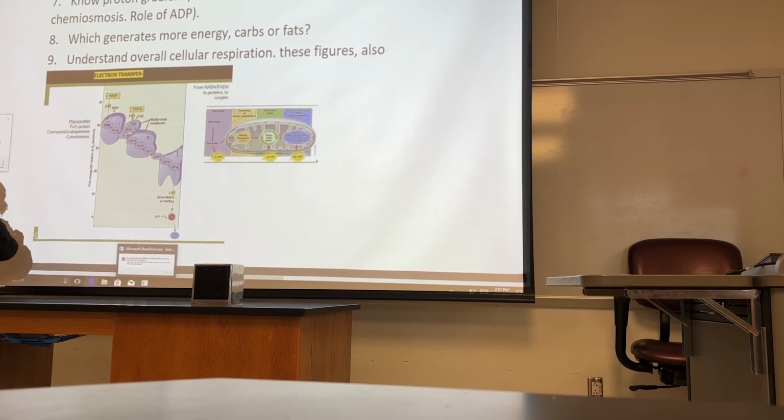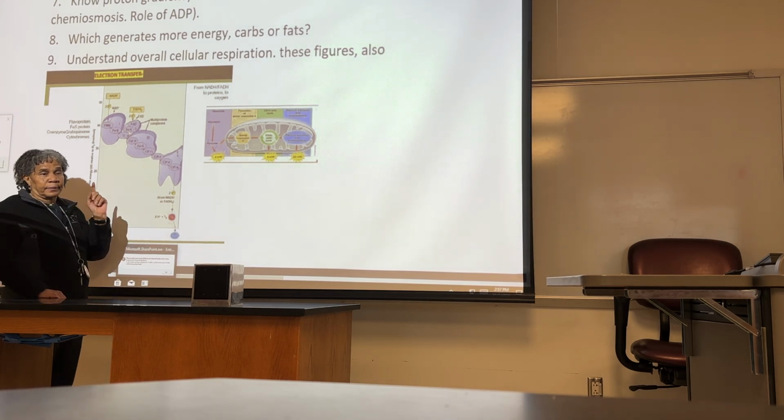Synthesis means to make. So it's generating ATP using ADP as a substrate, a diphosphate, making it into a triphosphate. A di making it into a tri. And that is your money item.